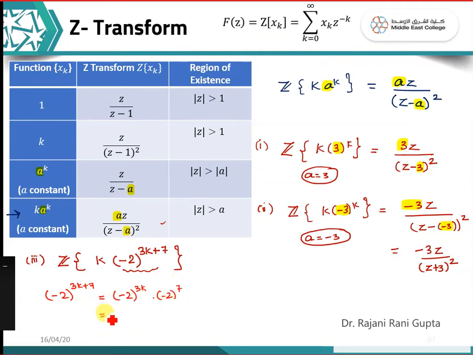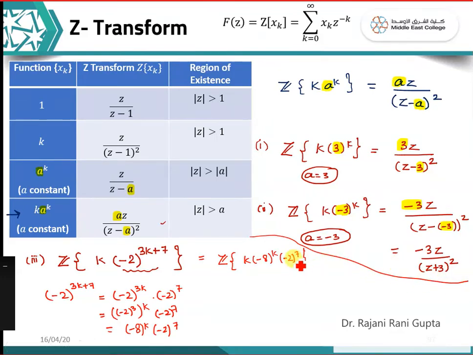Here minus 2 to the power 3 and power k, and this term the same. So we can write it as minus 8 to the power k and minus 2 to the power 7. Now substitute this value here. This gives you the z transform of k times minus 8 to the power k times minus 2 to the power 7.